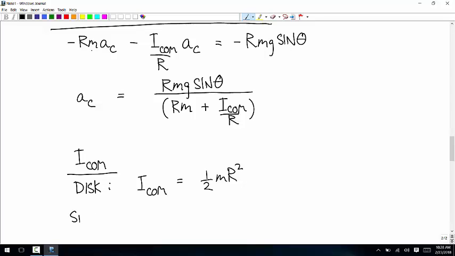For a sphere, was, I think, 2/5 times the mass times R squared.